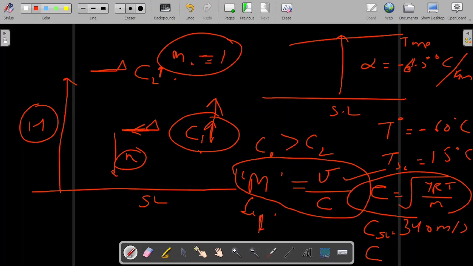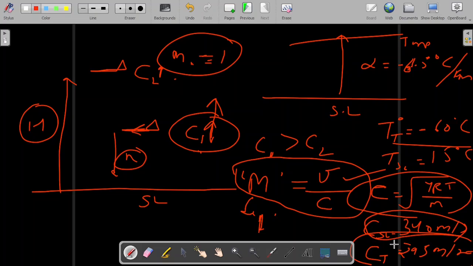However, if we check the speed at the end of the troposphere, which is at minus 60 degrees centigrade, definitely by putting that alpha or lapse rate into this, we'll find the speed of sound is reduced to 295 meters per second. The speed has been reduced to this much.